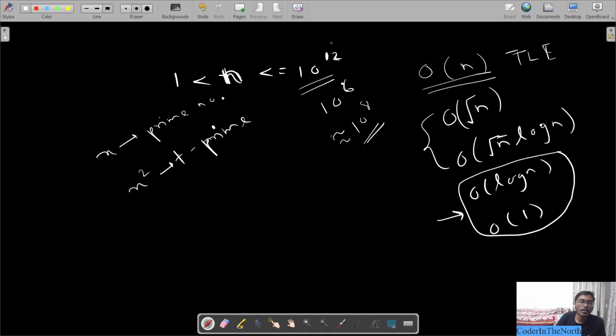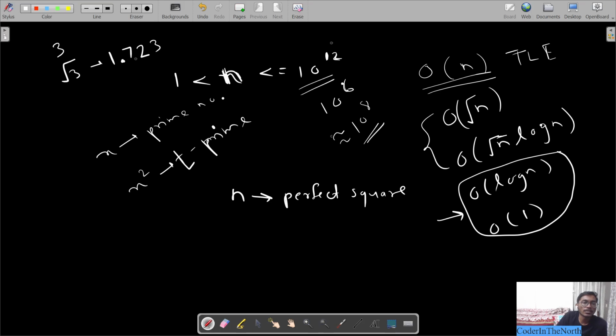Now if I have a given number n, and n is a perfect square, meaning after square rooting n there are no decimal points. Take 3, what will be the square root of 3? It's something like 1.732. The square root of 2 is like 1.414.